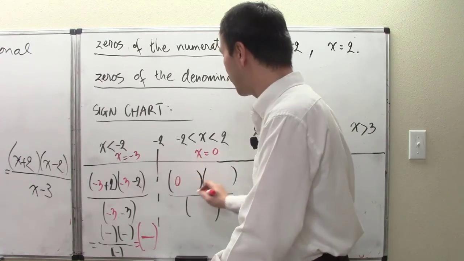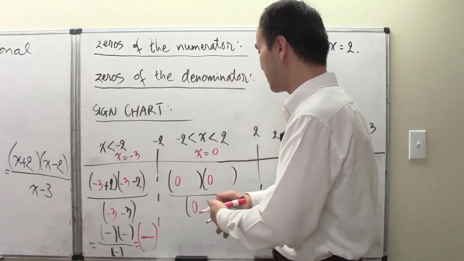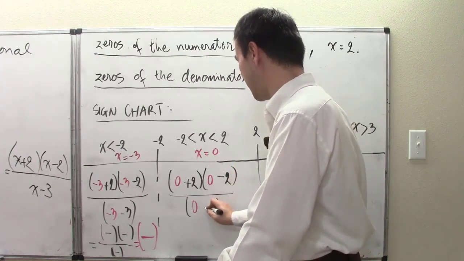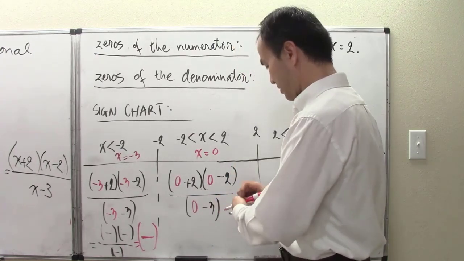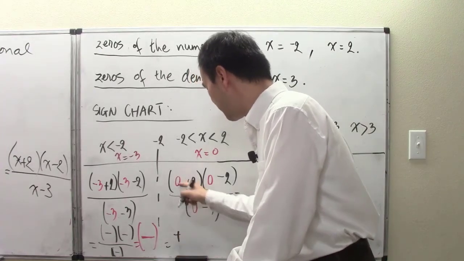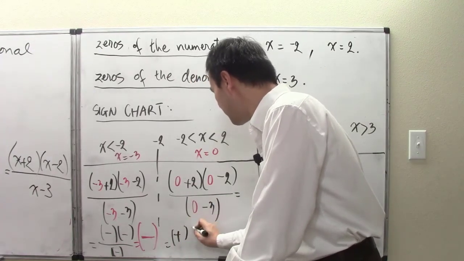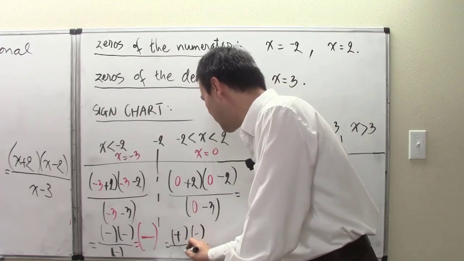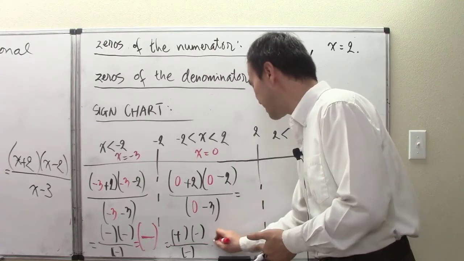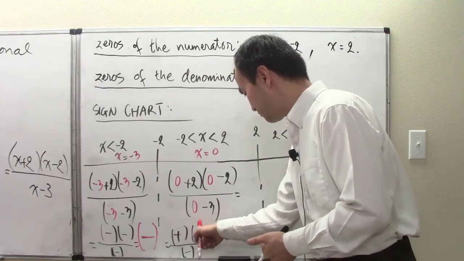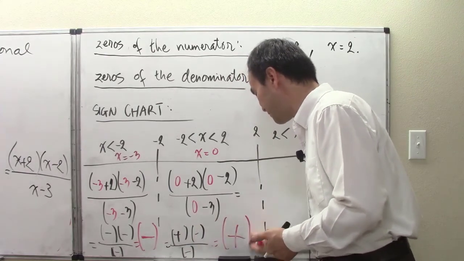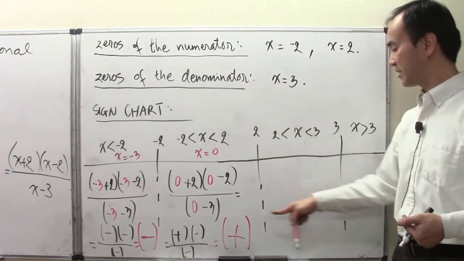Substitute 0 into every x value there. This is +2, this is -2, this is a -3. So it's giving me positive for the first factor, and then negative for the second one, and then negative for the bottom one. All right, so overall it's negative divided by negative. It's positive multiplied with another positive, it's positive. That's the overall sign in that interval.